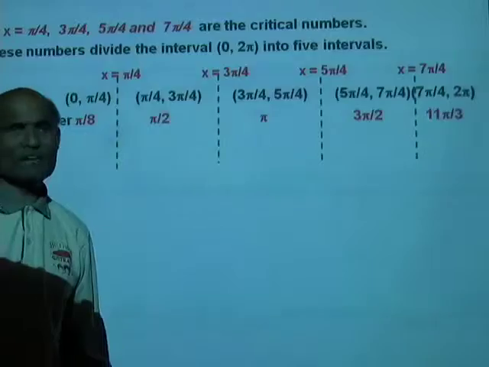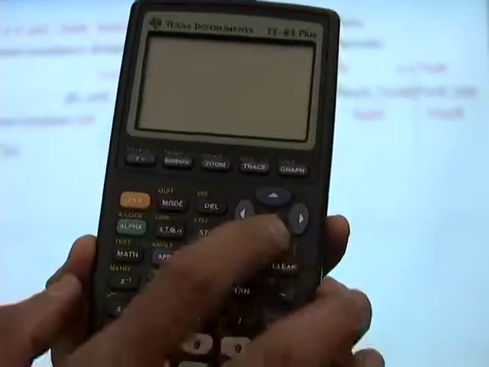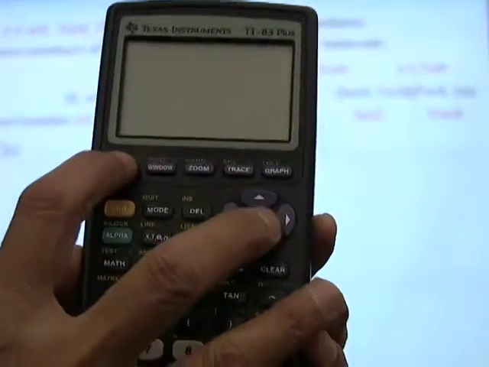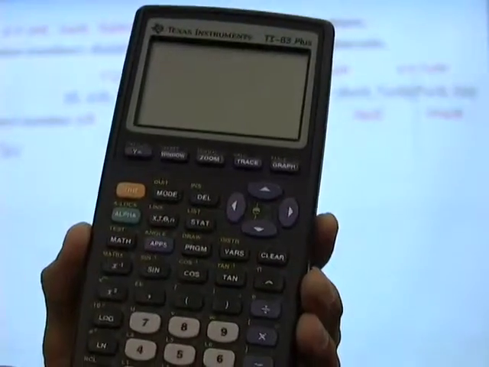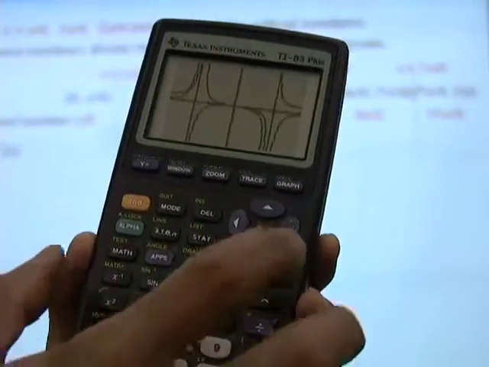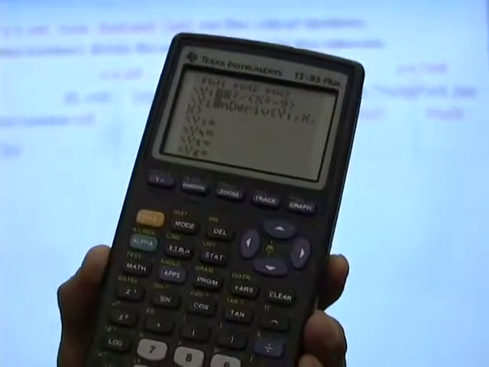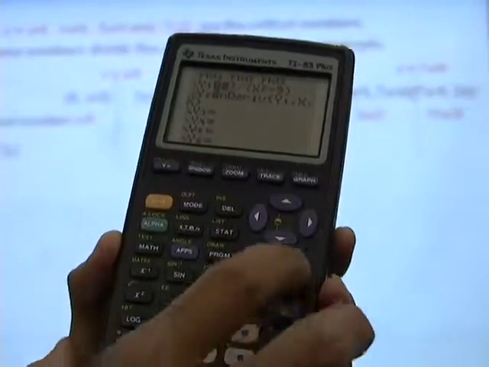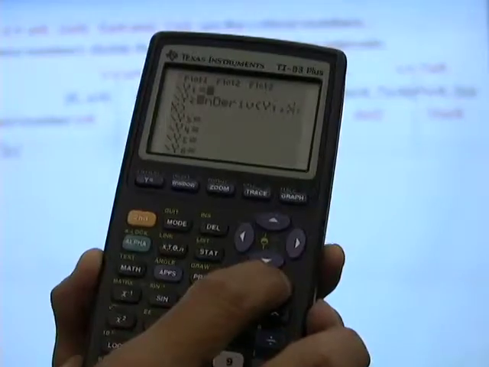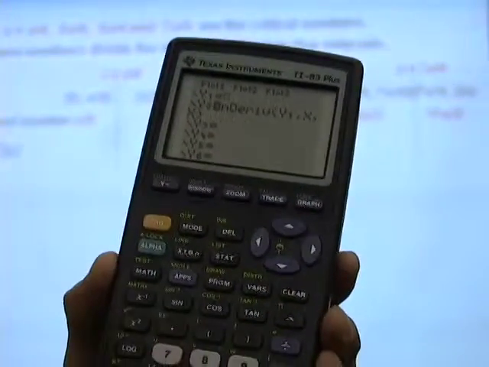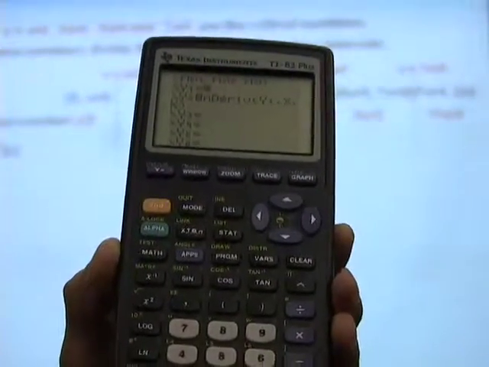Okay, let's do it on the calculator. To begin with, we go to the y equal to and enter our function. Always turn on the calculator first and clear that if you want. Go to the y equal to and clear y1. Don't clear y2. Leave it like that because that's something that's going to stay there.